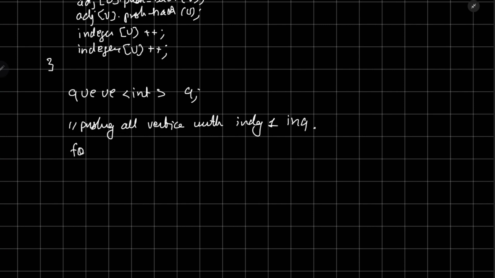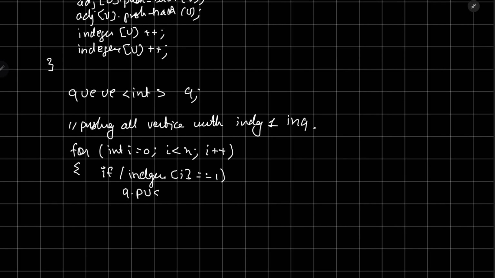So for int i = 0, i less than n, i++, if we find the in degree of i equal to 1, we will push it into the queue. So q.push(i).